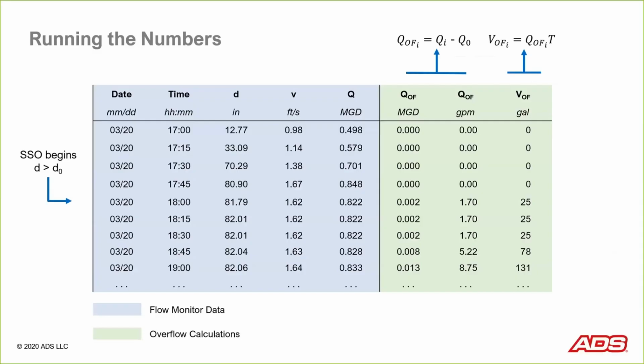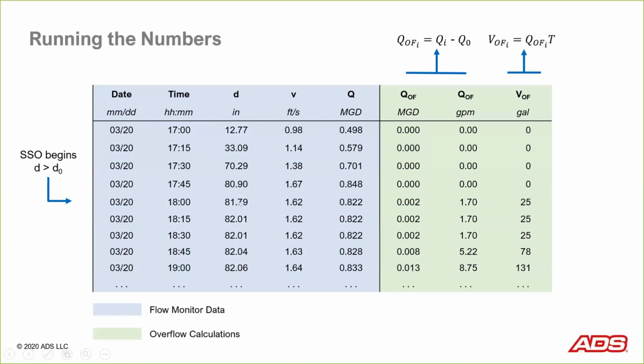And you'll notice that in the 5th row here at 1800 hours, or 6 p.m., this is the first time that my actual recorded depth exceeds my depth at the onset of overflow. For that example, we define the onset of overflow at 80 inches, or actually 81 inches. You can see this is the first number that gets above that. All of these subsequent numbers are just above that and indicate that an overflow is active.